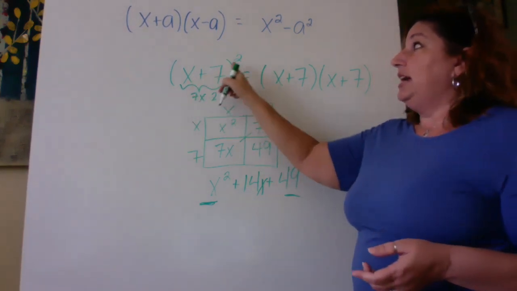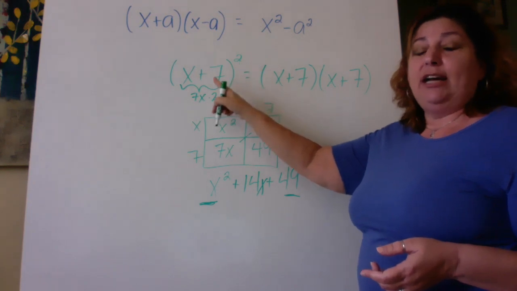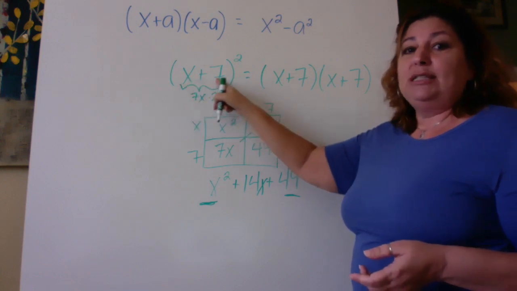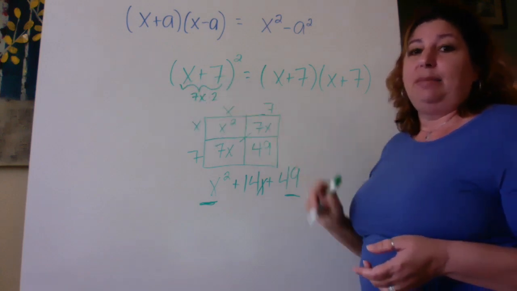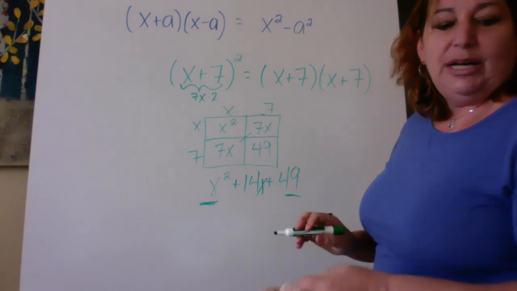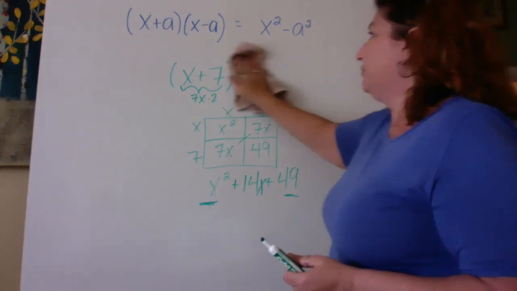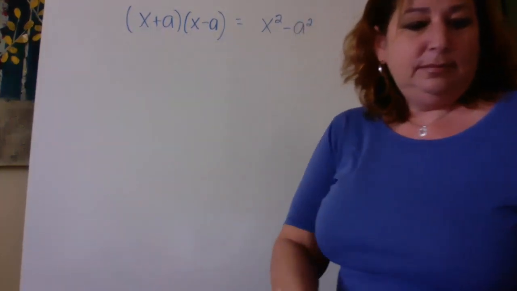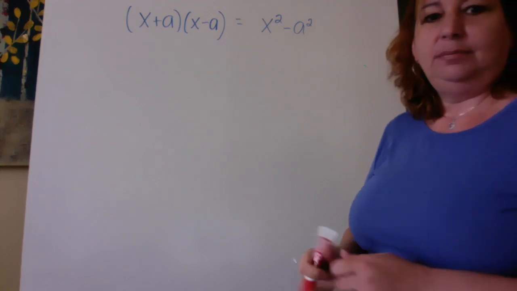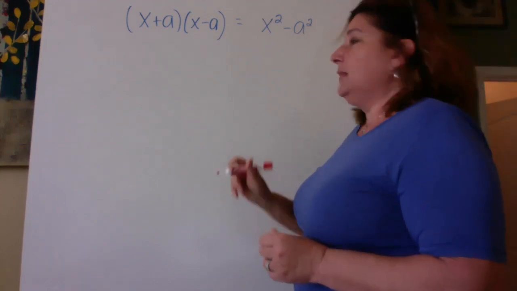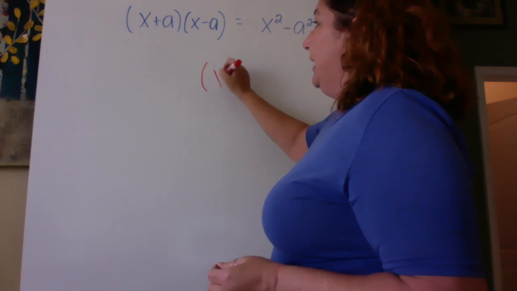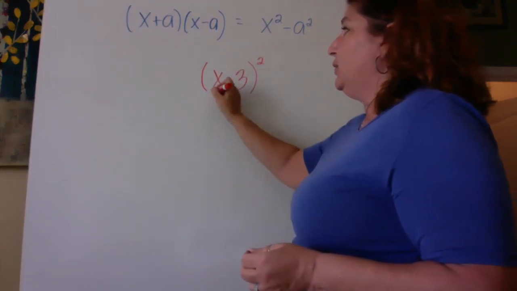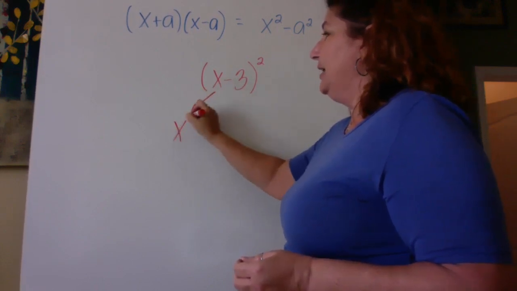So if I have a binomial squared, I'm going to square this term, square this term, and multiply these and double it to get my middle term. So let's do another one so we can see that in real time. If I had x minus 3 squared, I know I'm going to square this and get x squared here.